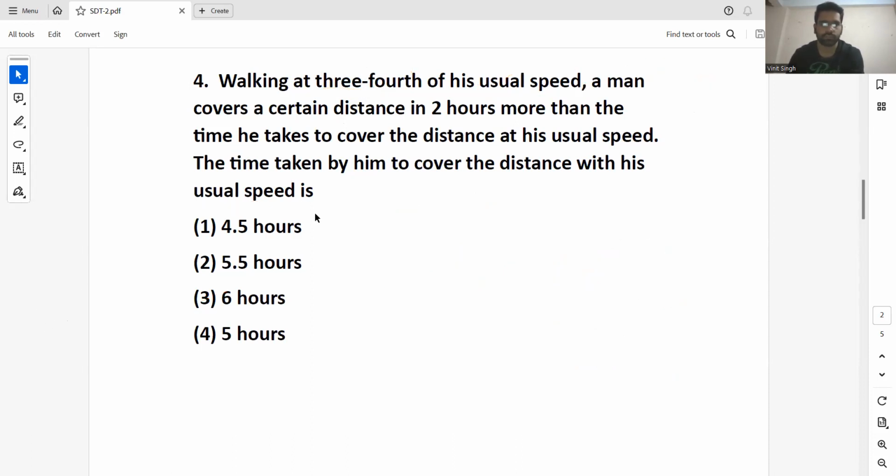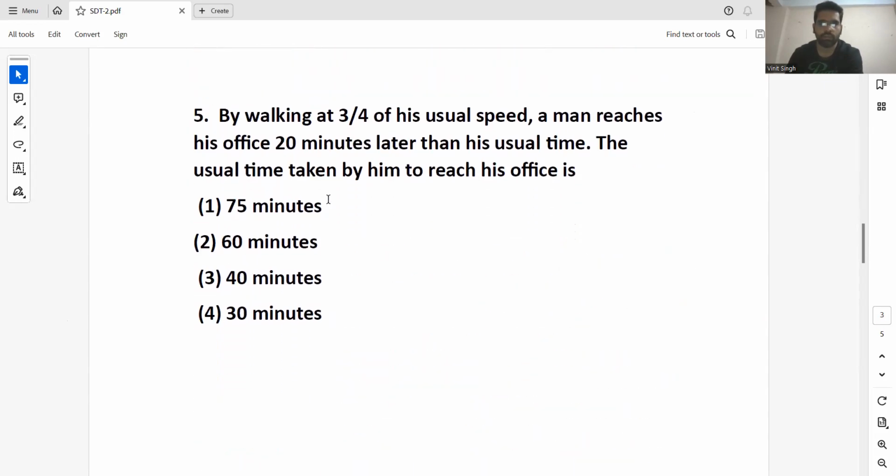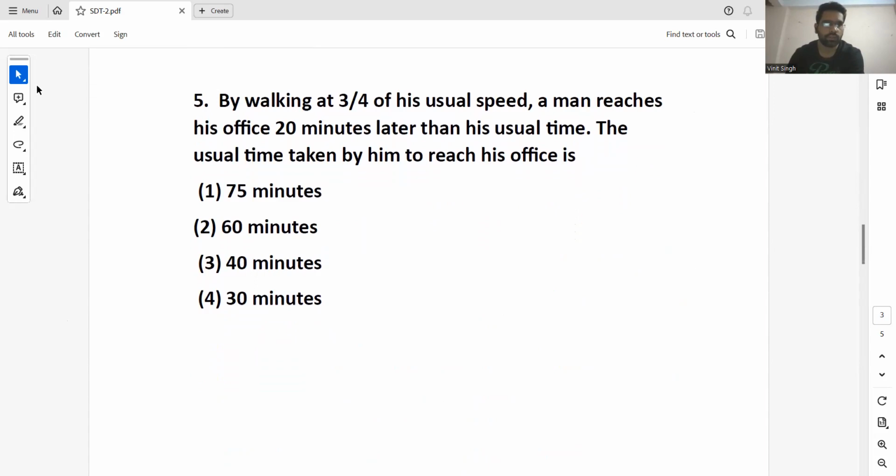Now, next question. Same question is there. Here also distance is constant. Now, usual upon new is equal to T new upon T usual.